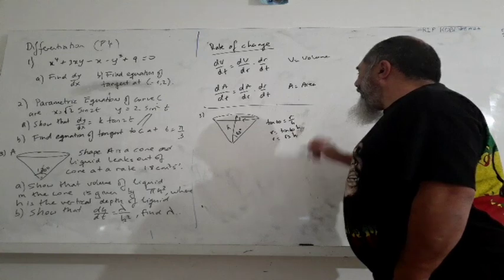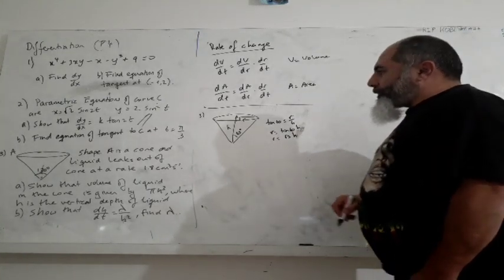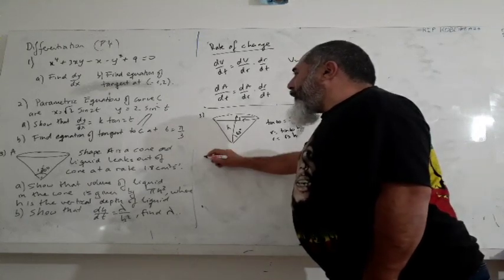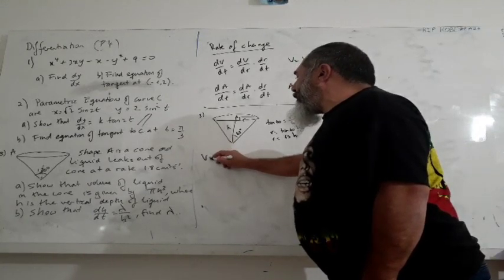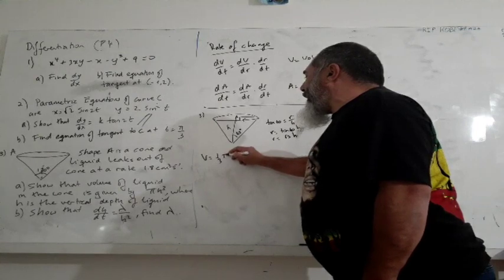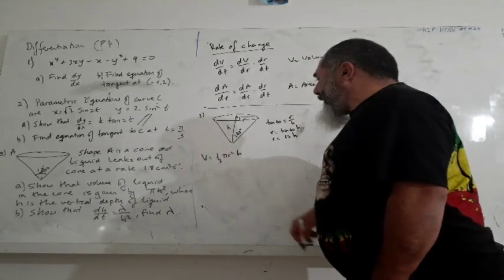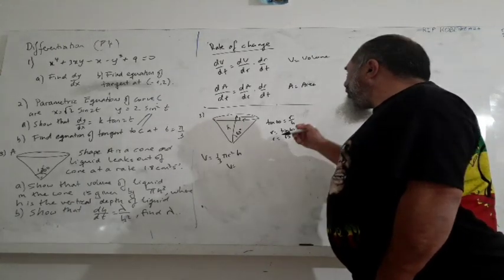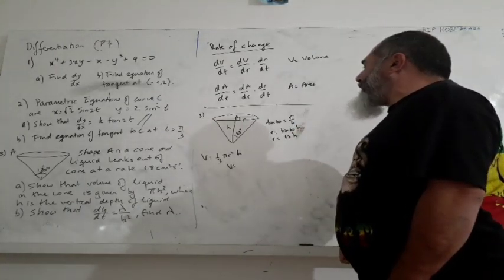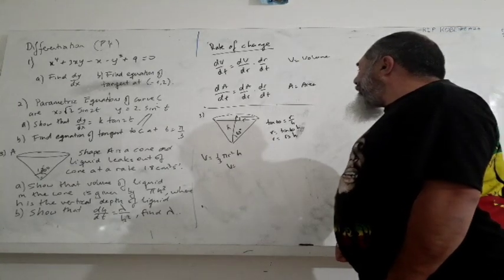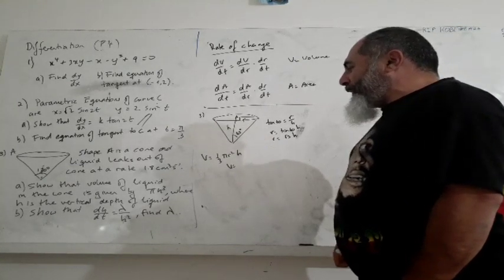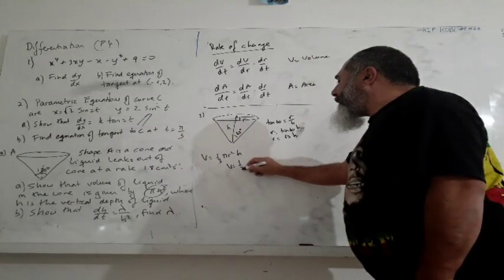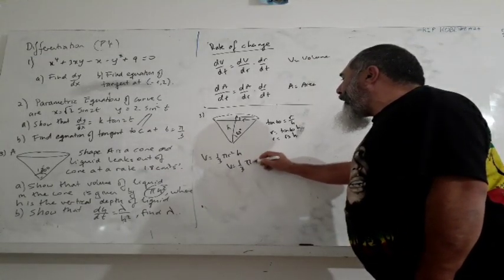Now, what is the volume of a cone? Volume of a cone is 1 over 3 pi r squared h. In place of r, I am going to substitute its equivalent, which is found in terms of h, because we want the volume in terms of h only. 1 over 3 pi (root 3 h) squared times h.